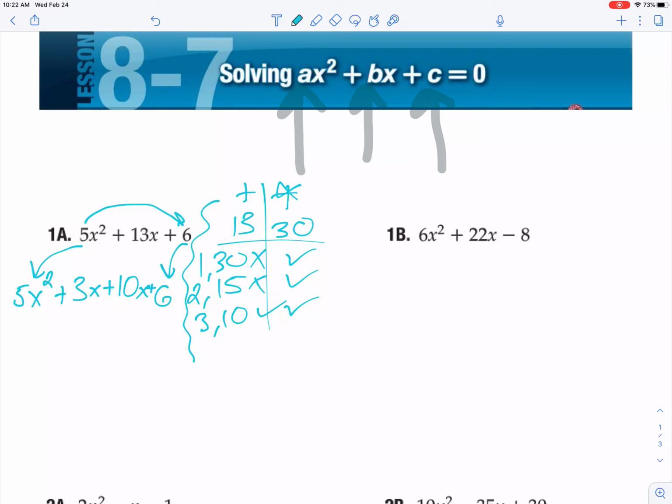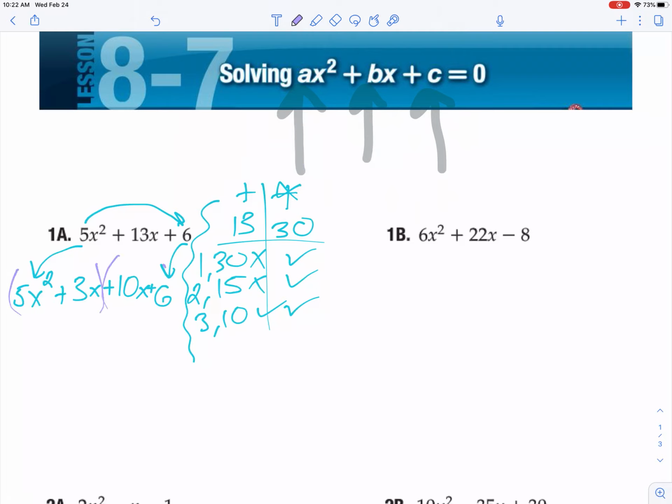And that's where now you're going to go ahead and do factor by grouping. Basically all we've done is we have uncombined like terms. That 3x and that 10x, if you combine them, that would be that 13x. So I've uncombined like terms. But I have very specifically done it this way, and you'll see why here in a second.